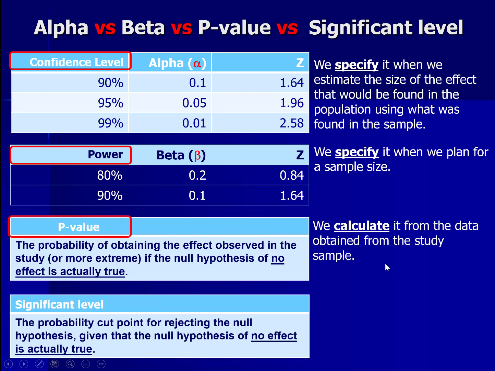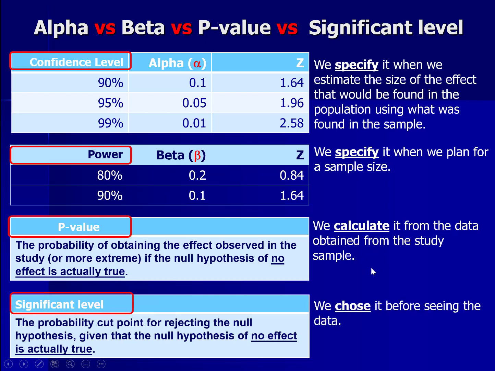For the p-value, we calculate it from the data obtained from the study sample, and then make decisions about rejecting or not rejecting the null hypothesis. This is the result after we obtain the data.